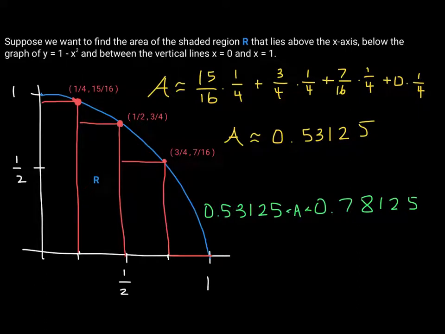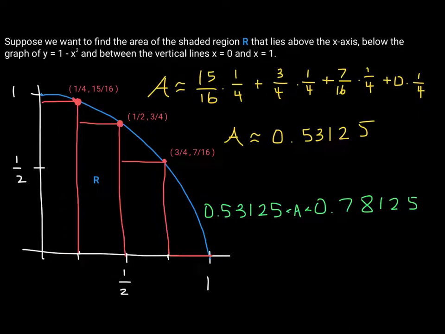Okay. So what I want to talk to you about now is something called a midpoint sum. A midpoint sum, I think our book calls it the midpoint rule, where the height of our rectangles will be at the midpoint of each of our subintervals.